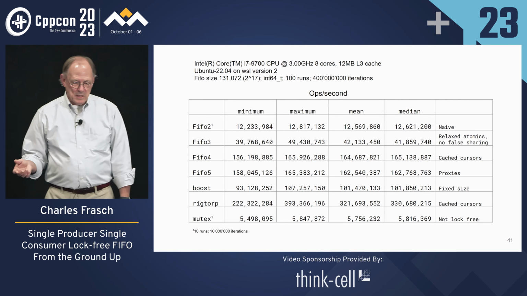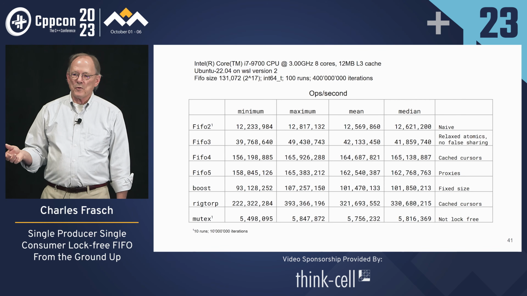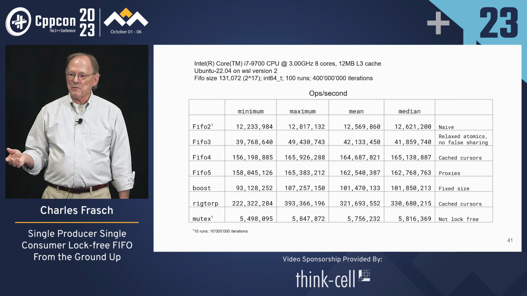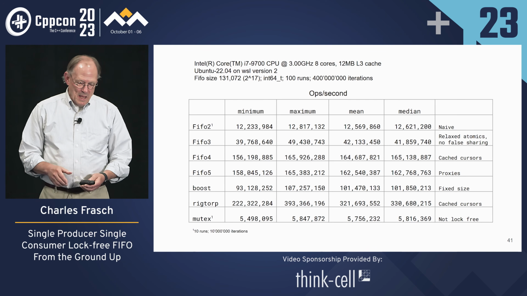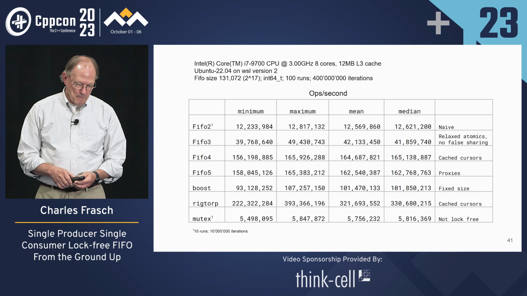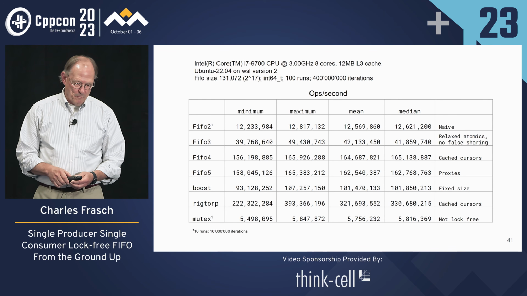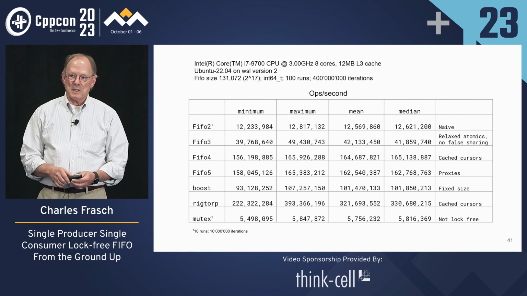Now, Boost is Boost.Lockfree, SPSC, specialized for fixed size. That 2 to the 17th is the size I used. It's a little bit slower than our FIFO 4, and I really didn't have a good explanation for that.